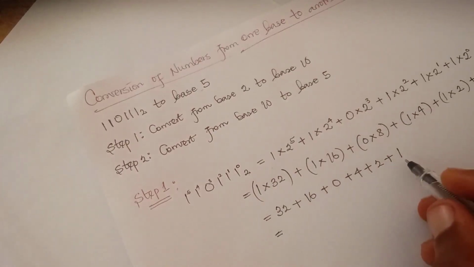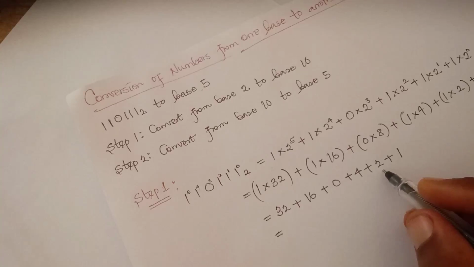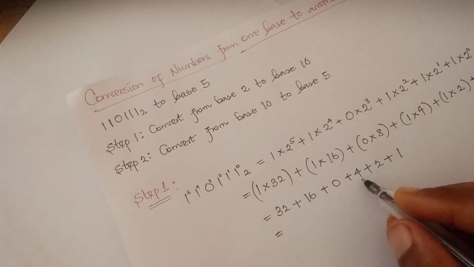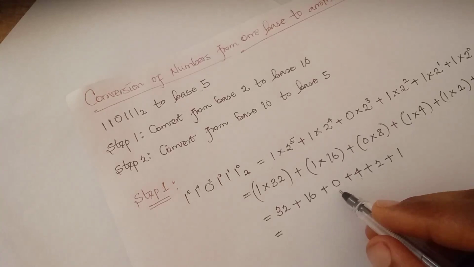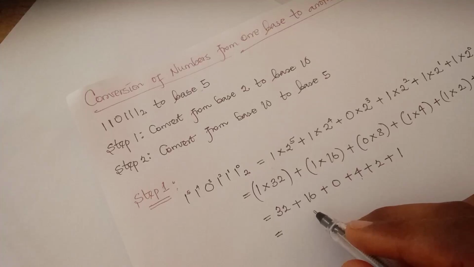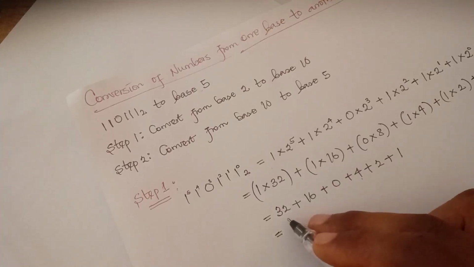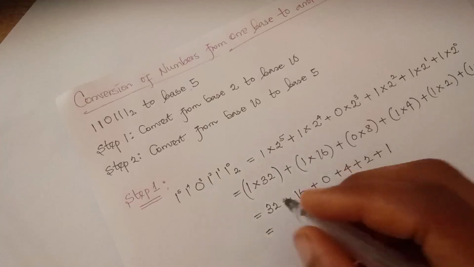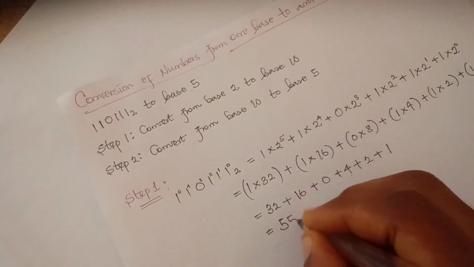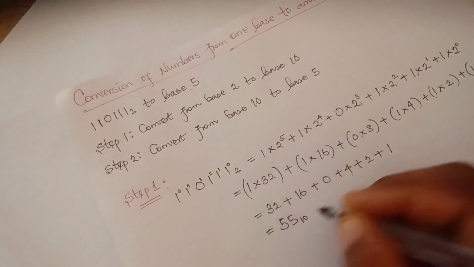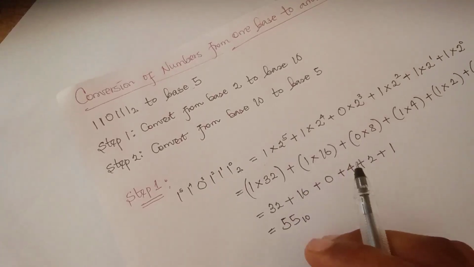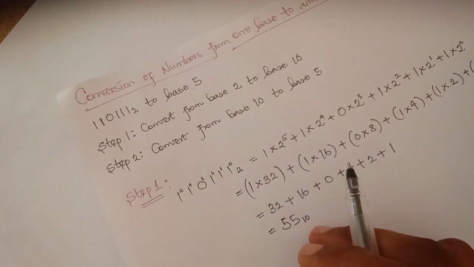Let's start from the smallest. 1 plus 2 is 3. 3 plus 4, 7. 7 plus 0, 7. 7 plus 16 gives us 23. And 23 plus 32 gives us 55. So we have 55 base 10. So step 1 is done.